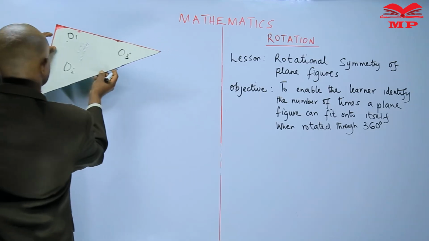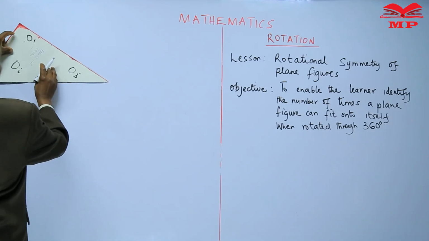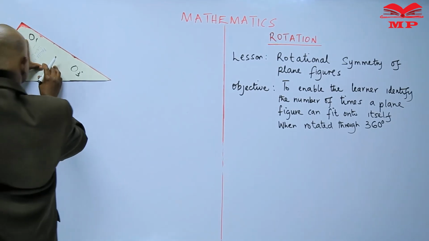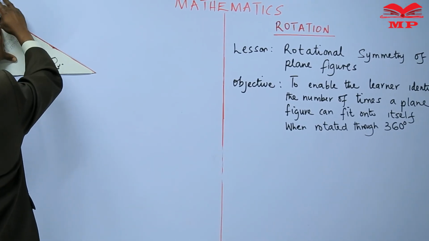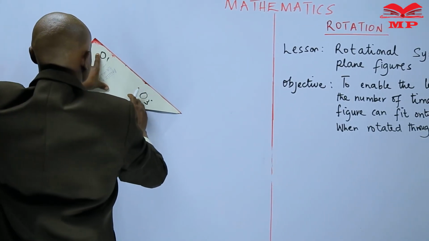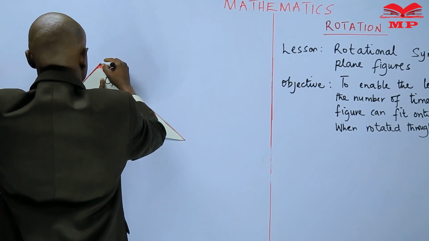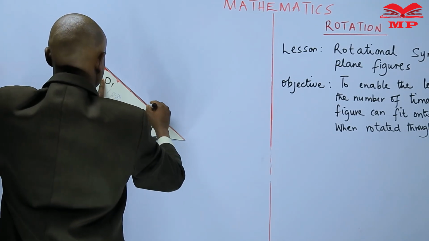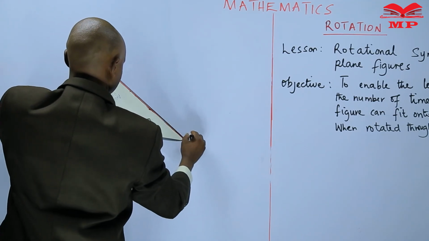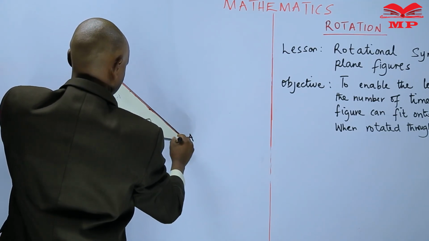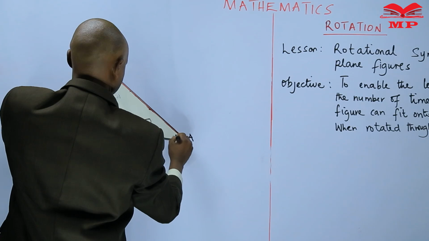So I'll trace it out on the board, maybe at the center because it's rotating. This is A. I know A is here.